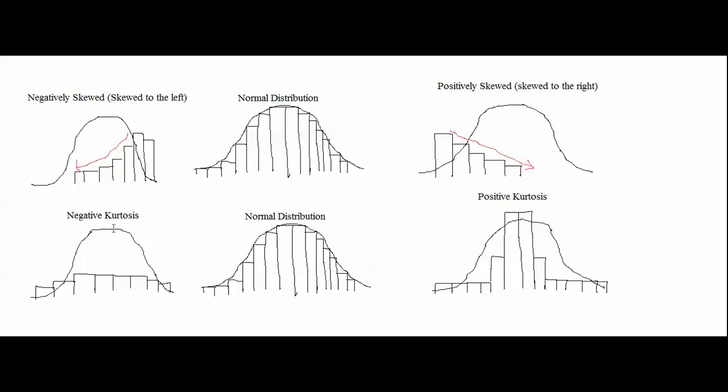So actually in a negative kurtosis, the peak of the graph is flatter and wider than the normal distribution. And in a positive kurtosis, the peak is narrower and taller than in the normal distribution.